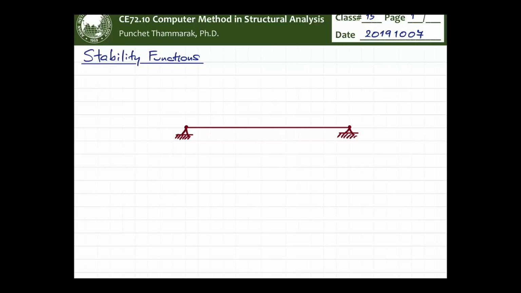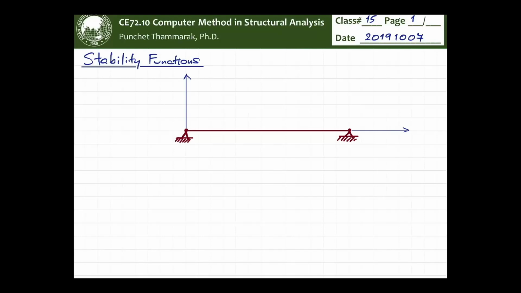We will just set up the coordinate like this. Basically, if you want to come up with the stiffness matrix this way, you just neglect the axial force, and then you'll be ending up with the 12, 6, minus 12. All those things could be derived by this approach as well. So you can try that.